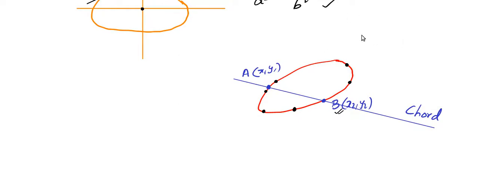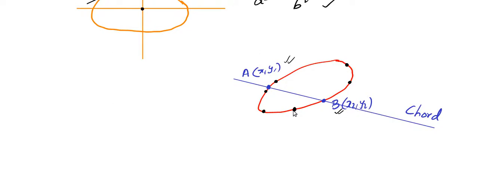You can even derive it yourself. So the proof starts like this. We have the standard ellipse and we took 2 points. One is the point of tangency, the required point, and another is a point x2, y2.